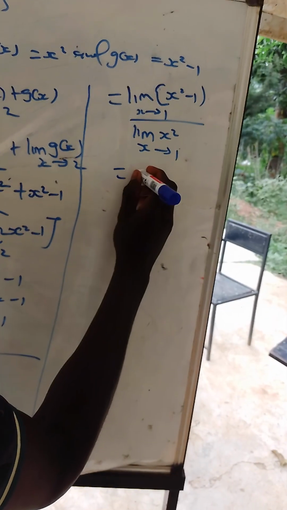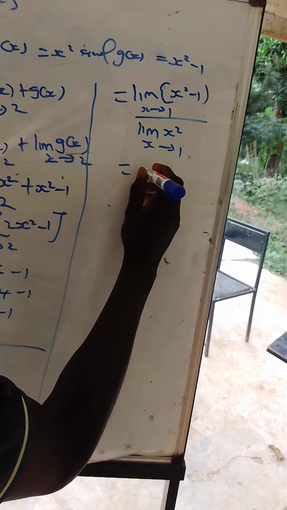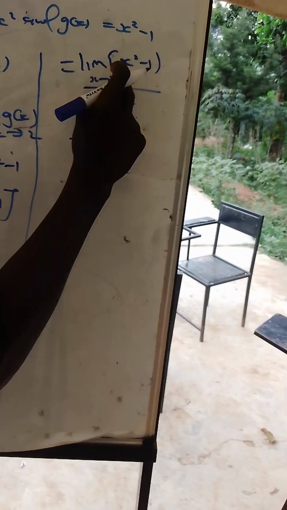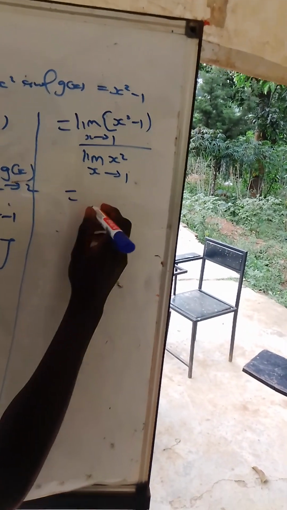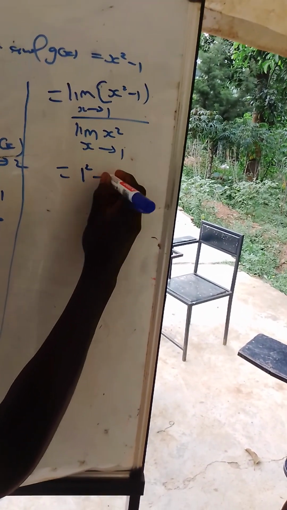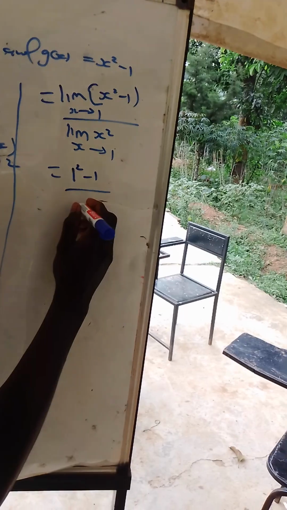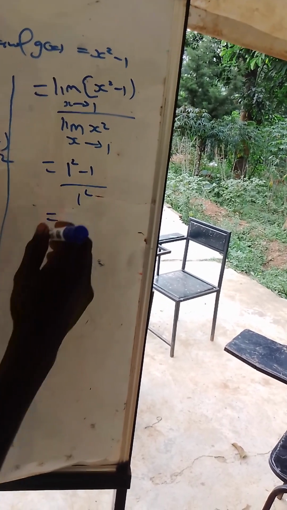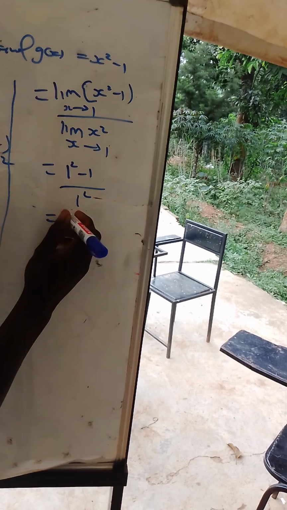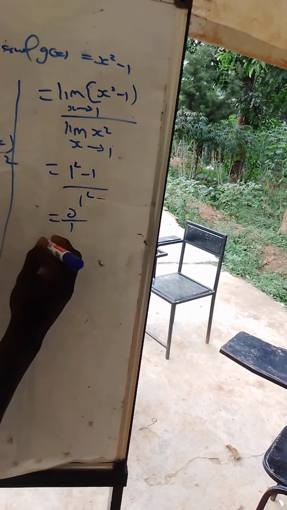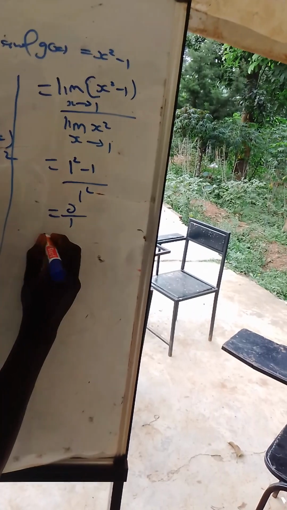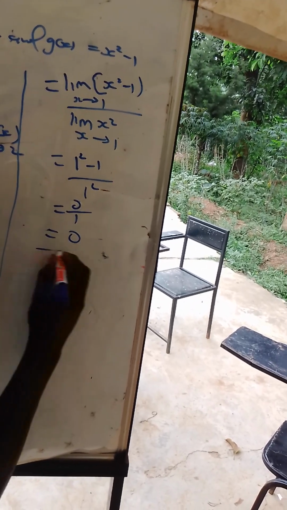Now we are going to substitute this 1. Now here we shall get 1 squared minus 1 divided by 1 squared. Now this one is the same as 1 minus 1, the same as 0 over 1, which is the same as 0.